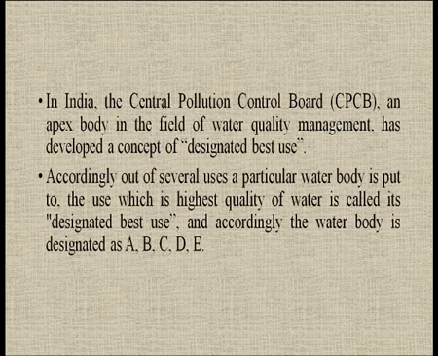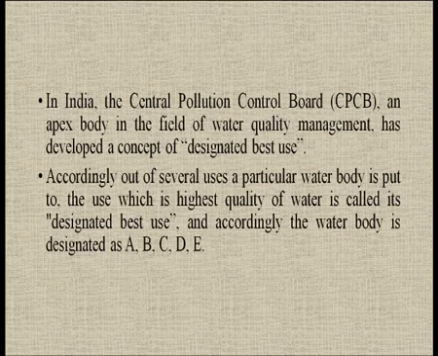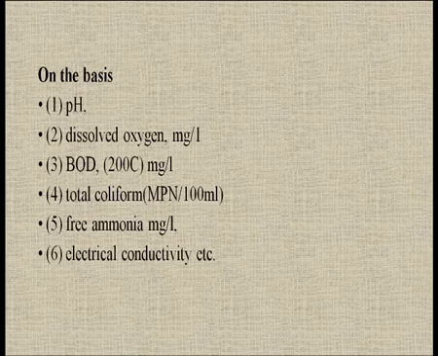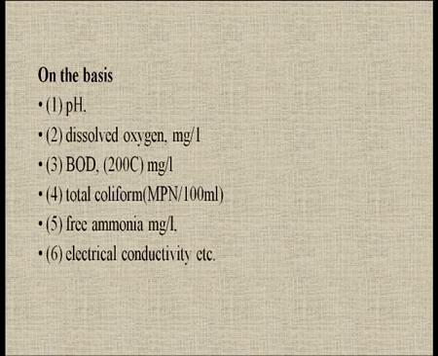Accordingly, out of the several uses, the use of a particular water body which requires the highest quality of water is called its designated best use, and accordingly the water body is designated as A, B, C, D, E, on the basis of pH, dissolved oxygen in milligram per liter, BOD, total coliform, free ammonia and electrical conductivity.